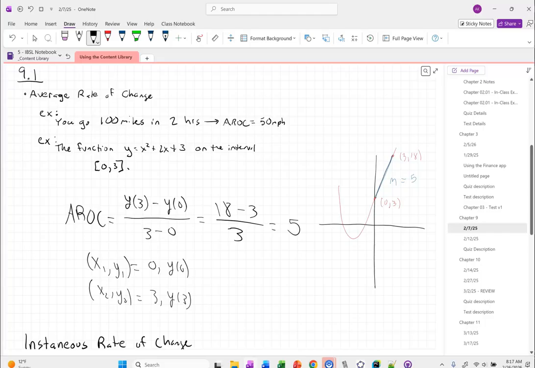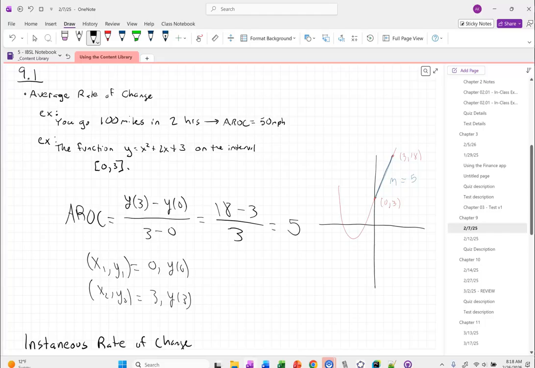Now, is the curve from 0, 3 to 3, 18 actually a straight line? No, it's part of a parabola. That's a curved line, right? What I've drawn is a line between 2 points on that curve, but those 2 points don't form a straight line on that curve.